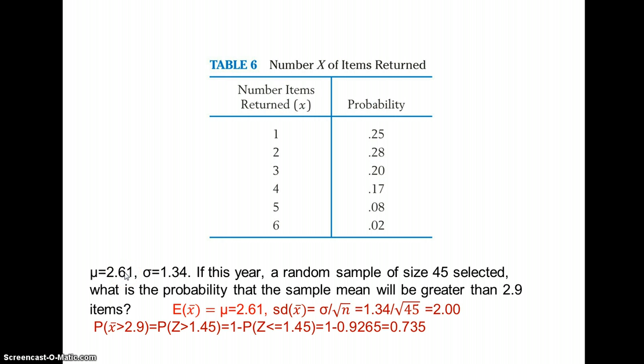So it's kind of like the average number of items returned, 2.61. So the average is almost three items. The average number of items returned after Christmas is about 3, with a standard deviation of 1.34.